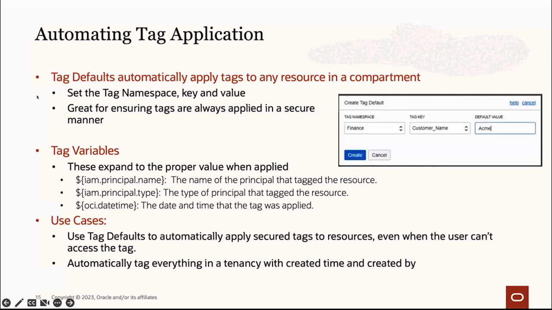Tag variables are basically standardized values that you can use, and they'll give you 3 different values. One is the name of the principal that tagged the resource, or the type of the principal that tagged the resource, and lastly, the date and time that the tag was applied. We'll also take a look at this in the console in just a little bit.